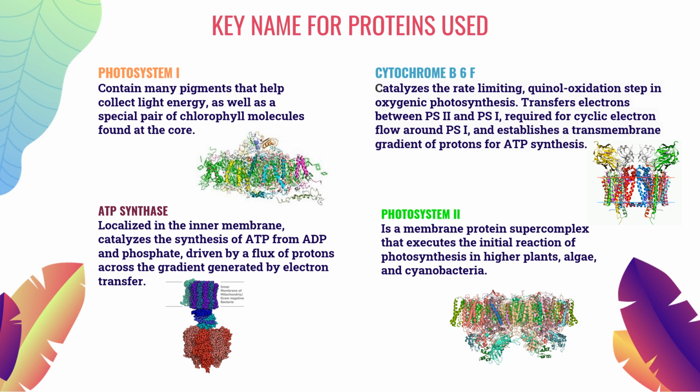It captures photons and uses the energy to extract electrons from water molecules. Then they pass down a chain of carrier proteins and move along to photosystem 1. As these electrons flow down the chain, they are used to pump hydrogen ions across the membrane, providing even more power to ATP synthesis.